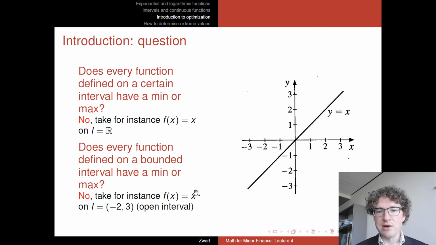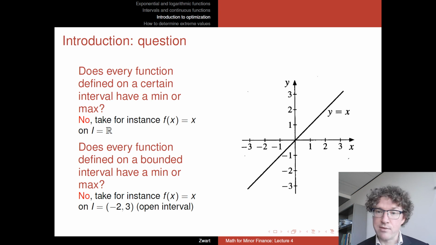Because if we're not including the endpoint, suppose we're looking at the same function here, but only confine ourselves to the interval between -2 and 3, with these points not included, indicated by these round brackets here. So we're looking at the open interval of all x between -2 and 3, but -2 and 3 themselves not included, then again we do not attain an actual maximum or an actual minimum for this function.